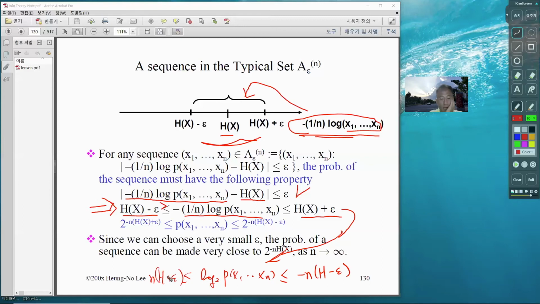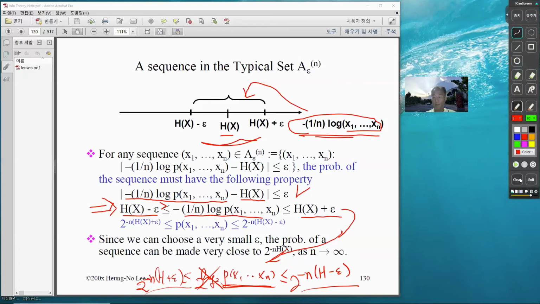Once I have done this, I can remove the log by applying 2 to the power. Oh, sorry, I forgot the minus sign here. I raise 2 to the power of each and every side. Then 2 to the log 2 goes away, and it becomes the probability of the sequence, and the probability of the sequence should be upper bounded by this much and lower bounded by this much. That's what I mean.